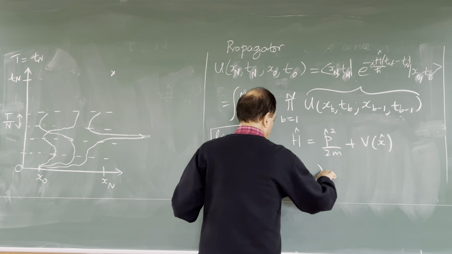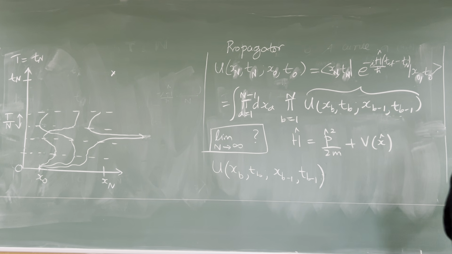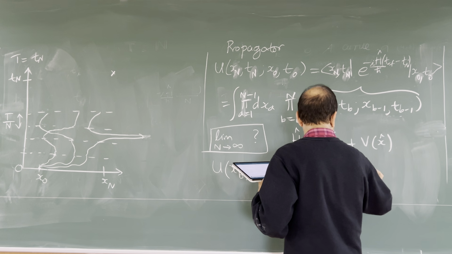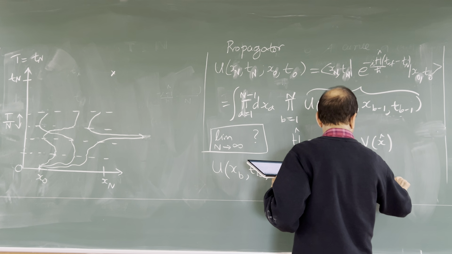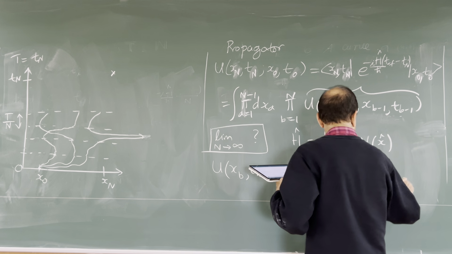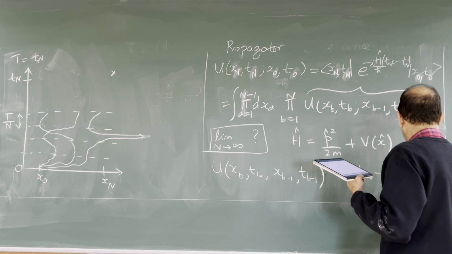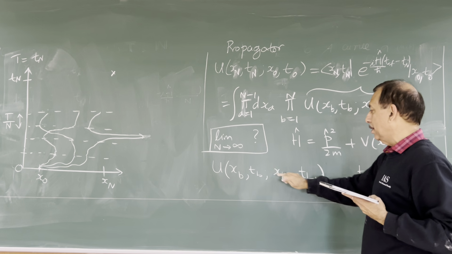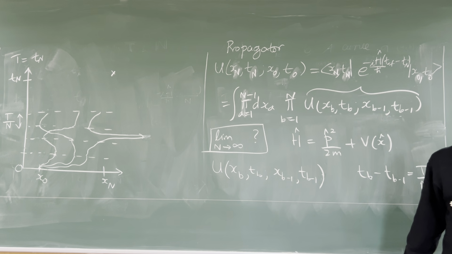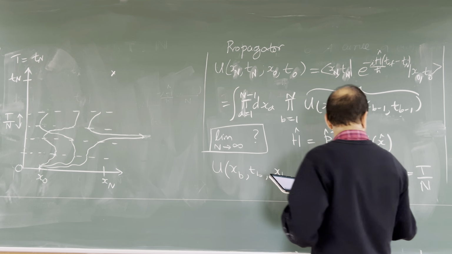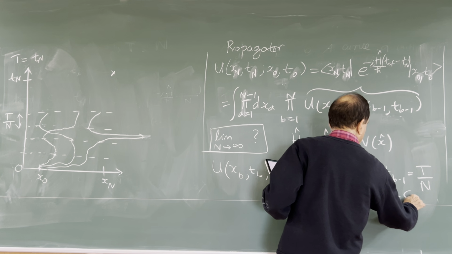But the new thing we'll do, because we are going to take n to infinity, we'll say that tb minus tb minus 1, remember this is equal to capital T by n. All the time steps are 1 by n of the full time evolution. So we'll call this number epsilon.